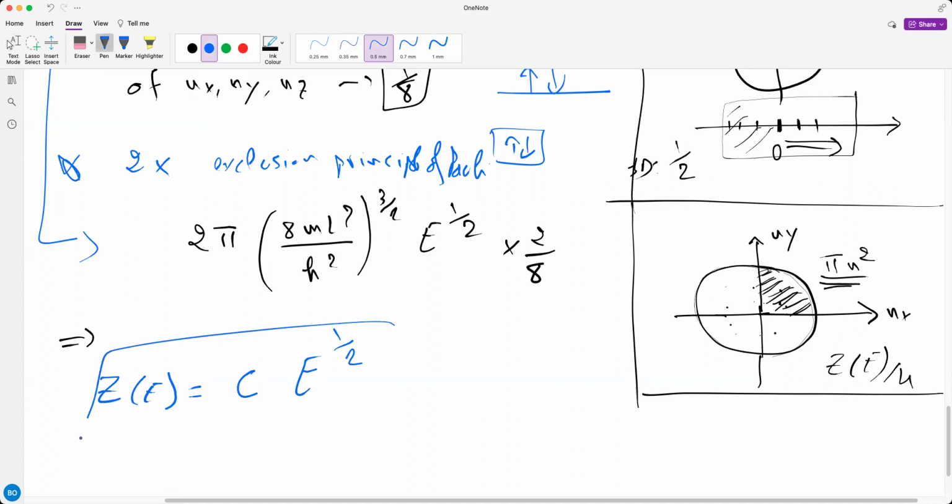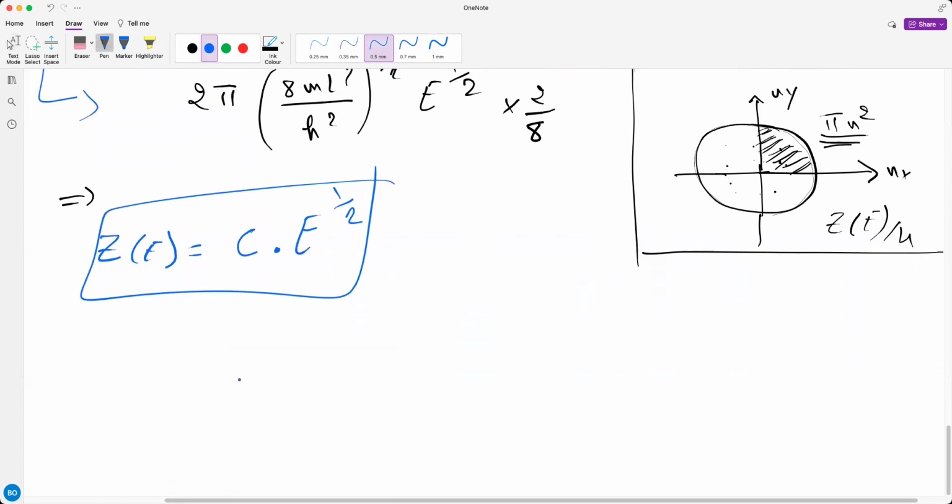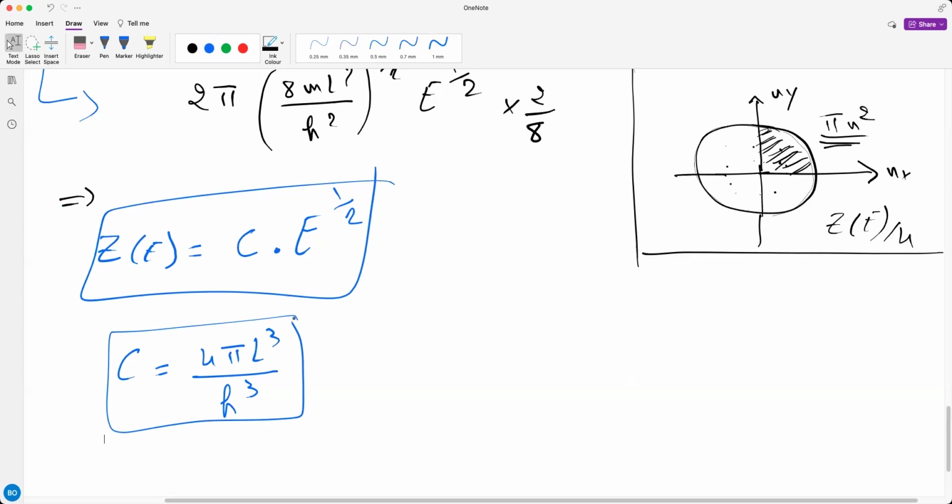And this C is 4 pi L cubed over h cubed, times 2 times the mass of the electron to the power of 3/2. This is the density of states.